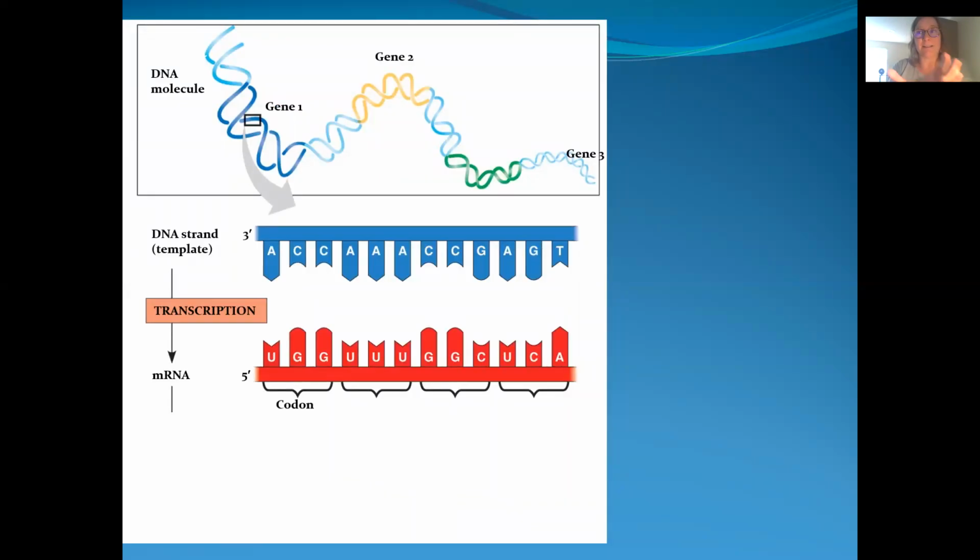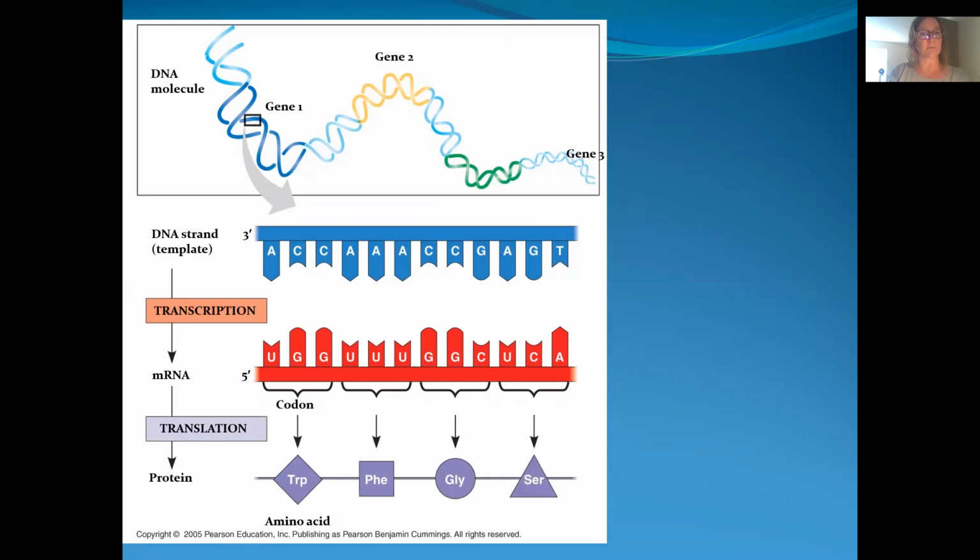That mRNA can now leave the nucleus and go out into the cytoplasm to get translated. On the mRNA, we've got codons, which are 3 nucleotides that will code for an amino acid. The ribosome will bind to this and translate it into a protein. Each codon codes for an amino acid. These amino acids together will form a three-dimensional shape, and it will do something in the body.